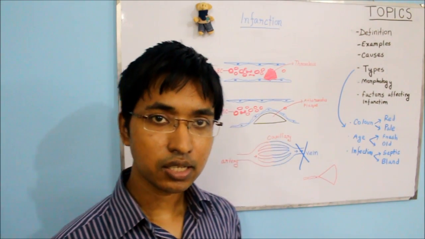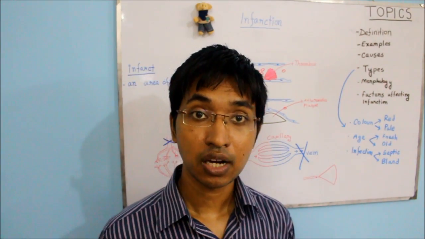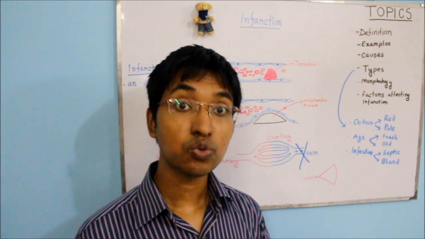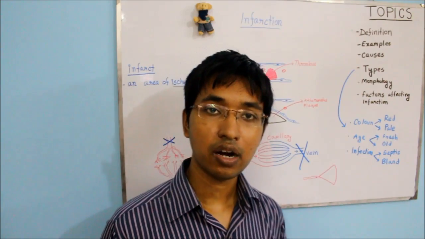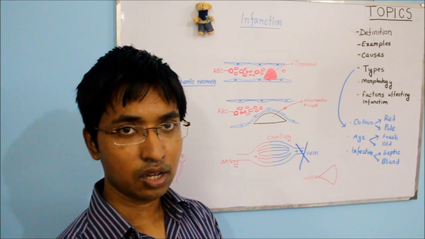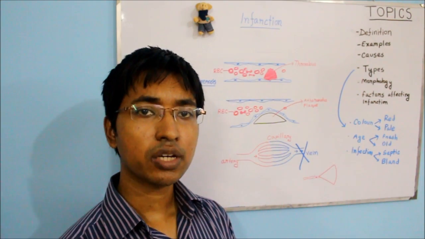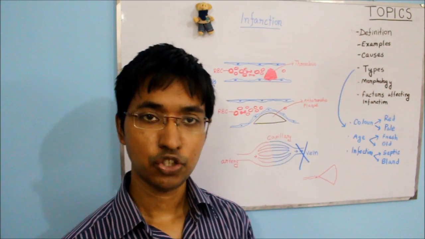But as the infarct becomes older, what will happen? It will gradually become better defined, and that will happen as a result of congestion around the margin of the infarct. And why will there be congestion along the margin of the infarct? That will be a result of inflammation.